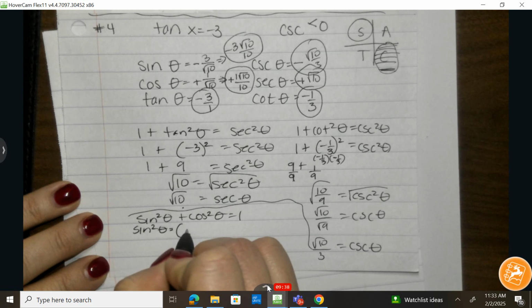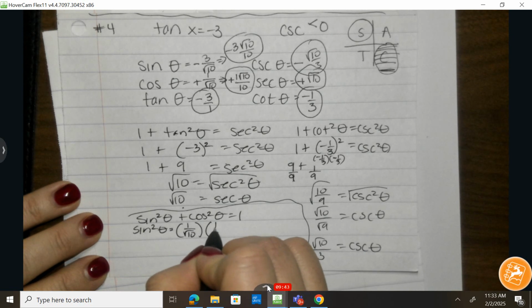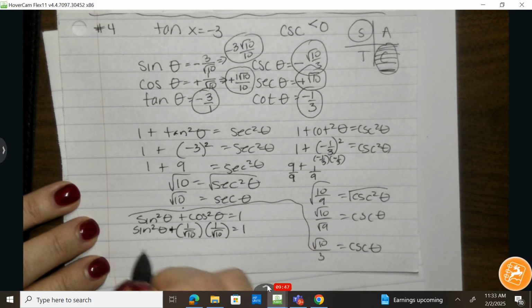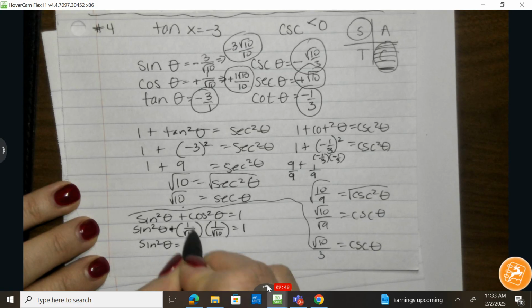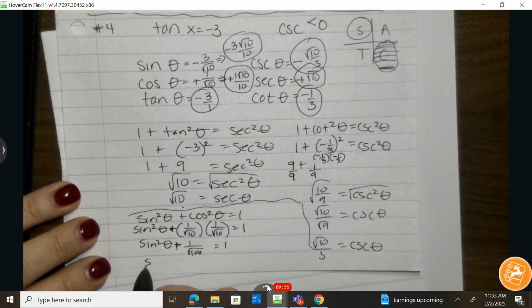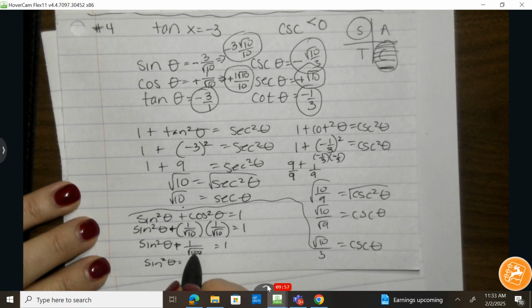So let's put in 1 over the square root of 10. And now I have to square it, so I'm going to write it down twice. So sine squared theta equals 1 times 1 is 1. The square root of 10 times the square root of 10 is going to be the square root of 100. I know 1 over the square root of 100 is really going to be 1 over 10.